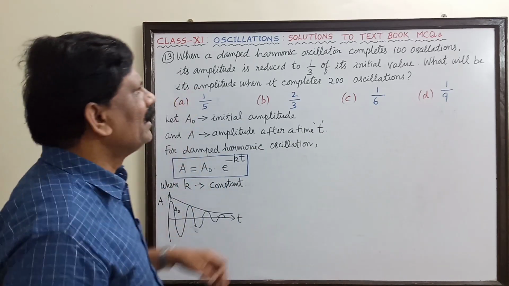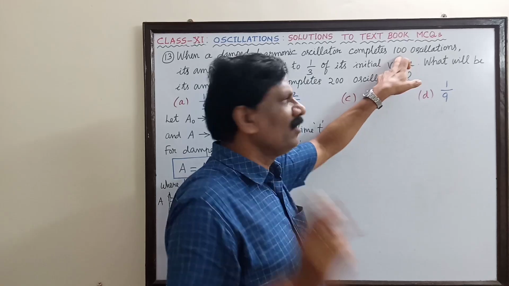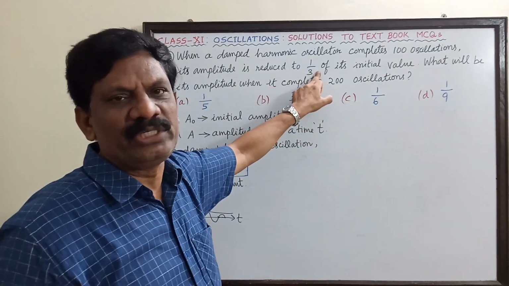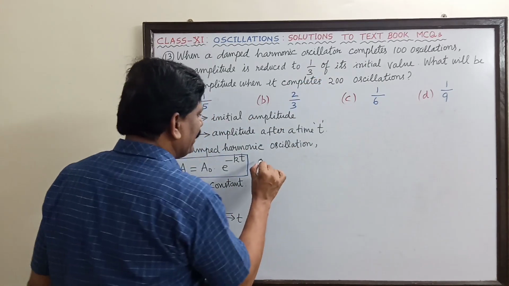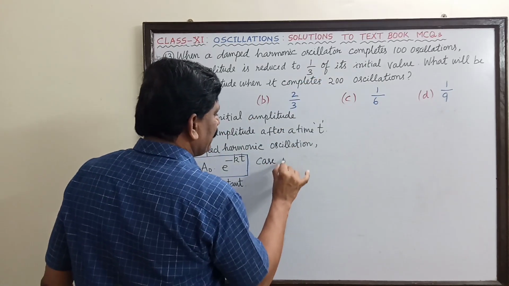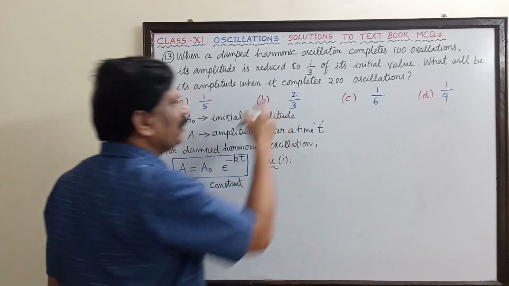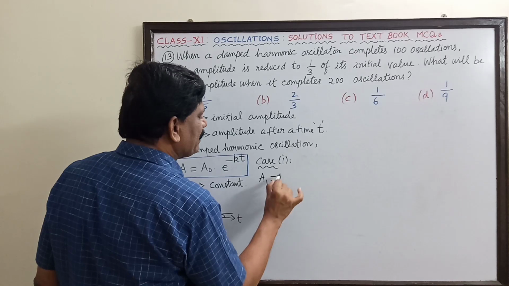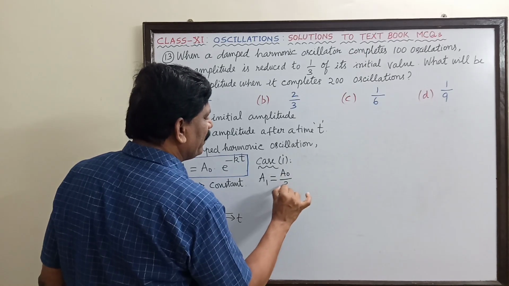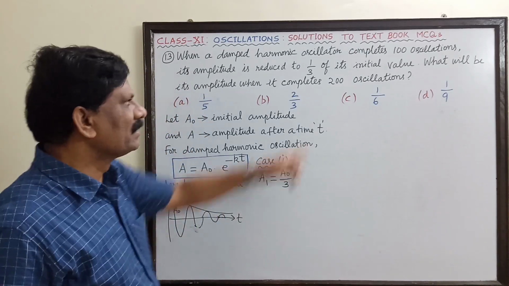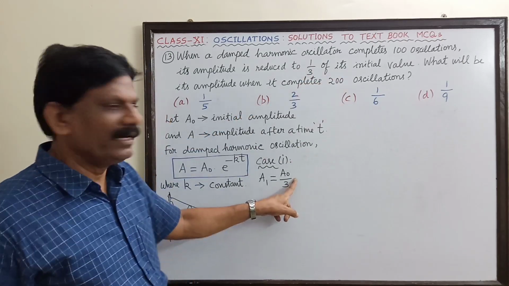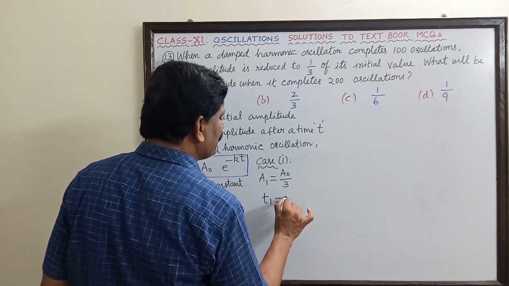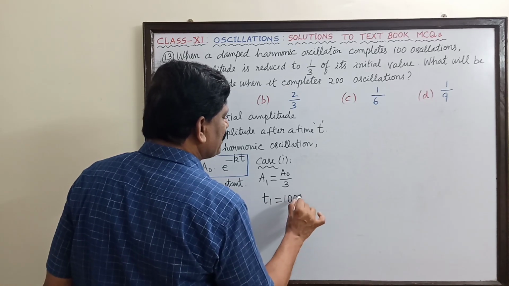Now, what is given? After it completes 100 oscillations, its amplitude is reduced to 1/3 of its initial value, is it not? So first I will write case 1. As per this problem, in case 1, I will take amplitude A1 equal to A0 divided by 3, which is 1/3 of its initial value, at a time t1 equal to 100 periods.